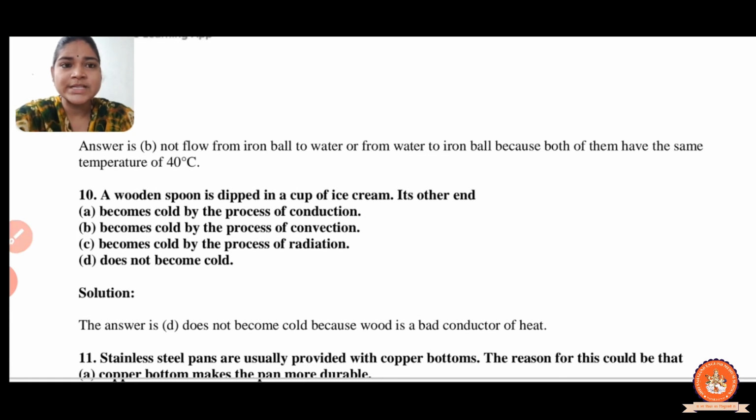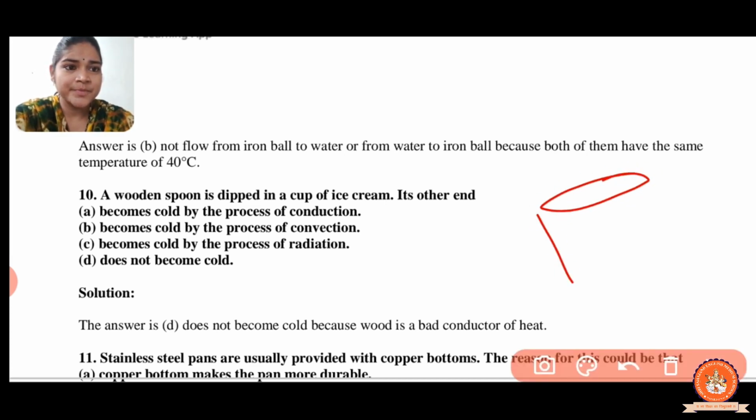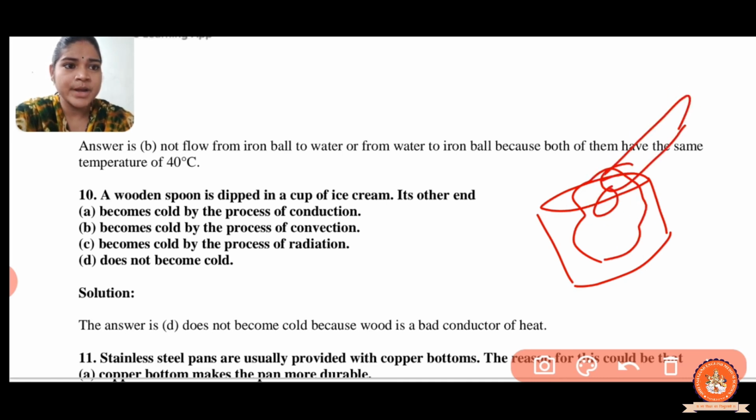Yes. Now next we have a wooden spoon dipped in a cup of ice cream. Its other end, suppose here is the cup of ice cream and here the spoon made of wood, dipped in the cup of ice cream.